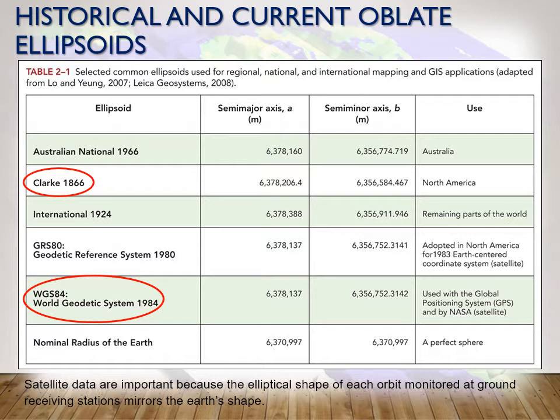And currently, as I mentioned down here, we have satellite data that helps us keep a good eye on the Earth and any subtle changes in the Earth's size, shape, and topography.